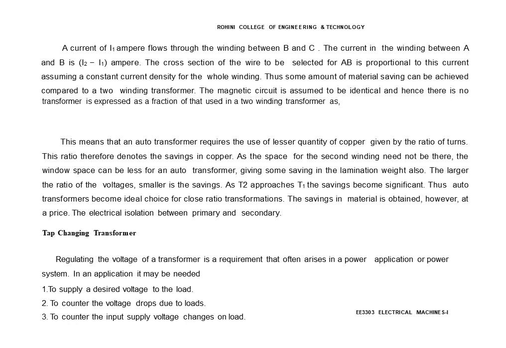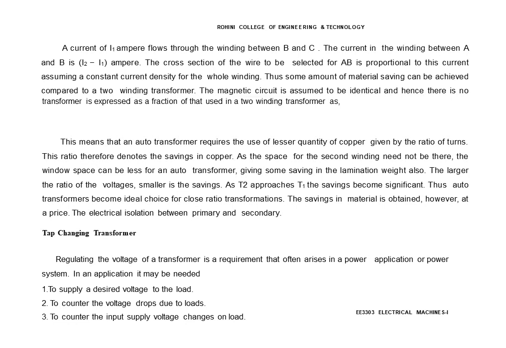So the window space can be less for an auto transformer, giving some saving in the lamination weight also. The larger the ratio of voltage, the smaller the saving, so as T2 approaches T1 the saving becomes significant. Thus the auto transformer becomes the ideal choice for closer ratio transformation.